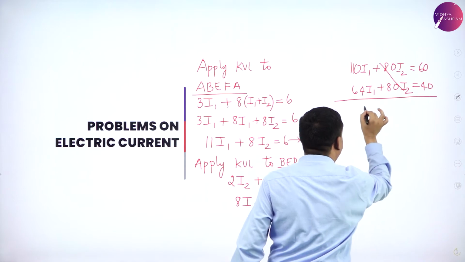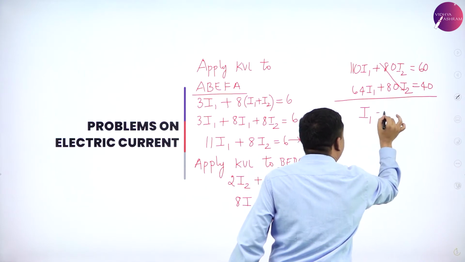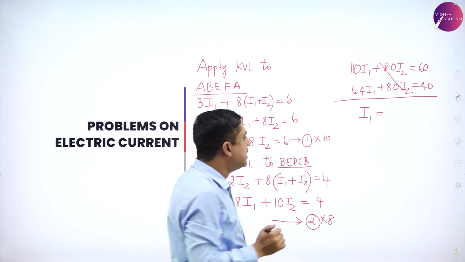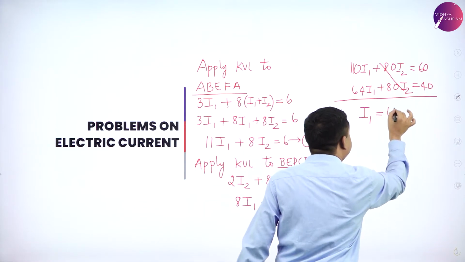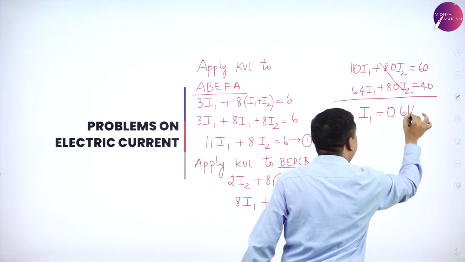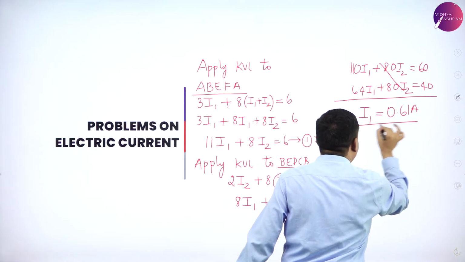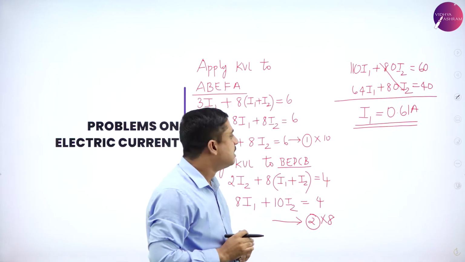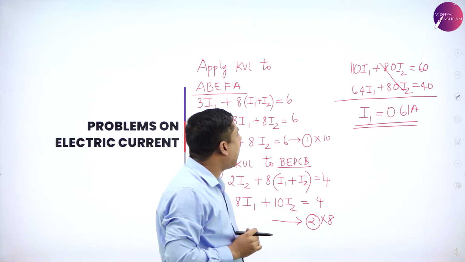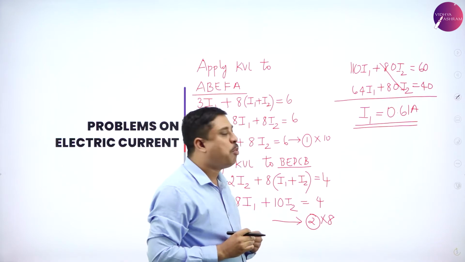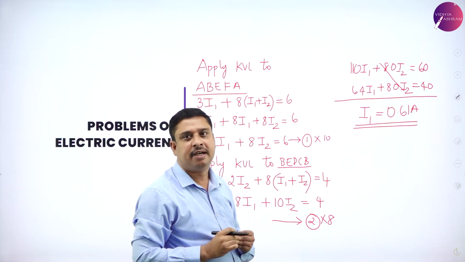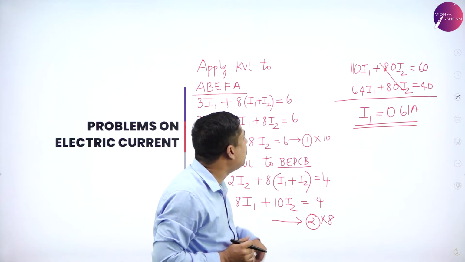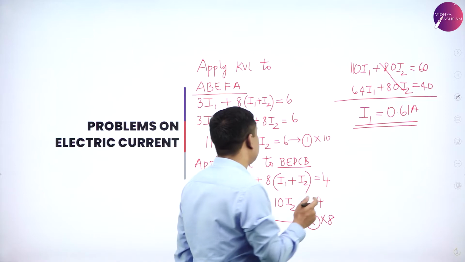Simple simplification. From this, I1 turns out to be 0.61 ampere. So this simplification you will be doing, simplifying I1 equals 0.61 ampere. Now substitute I1 in any one of the equations.